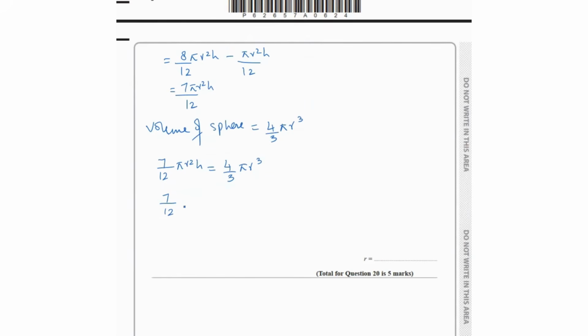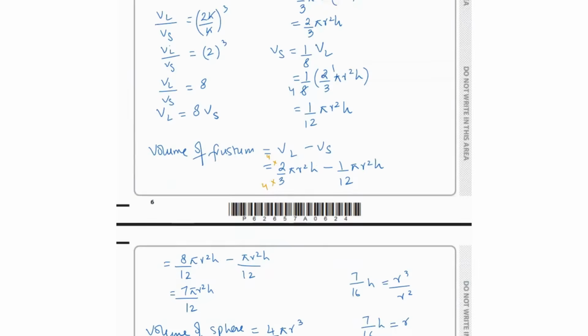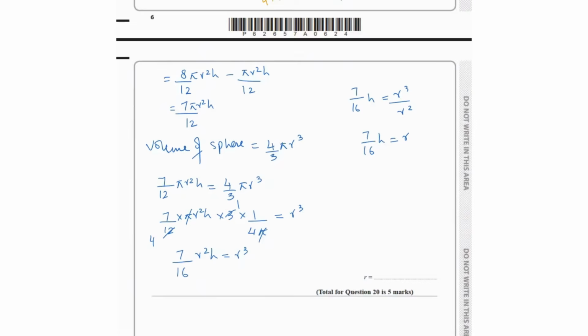So 7 over 12 pi r squared h times 3 times 4 pi equals r cubed. Pi gets cancelled out. 3 ones are 3, this becomes 4. So that's 7 over 16 r squared h. R goes over there, so r cubed divided by r squared, and that's r. So r equals 7h over 16. This is the expression I'm getting for r in terms of h in its simplest form. That's your answer for this.